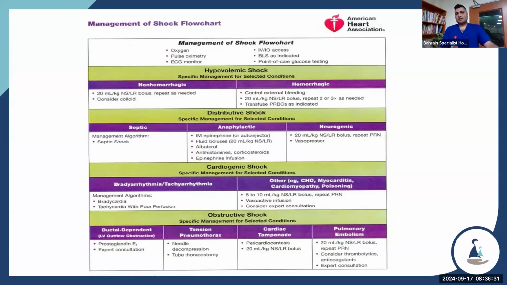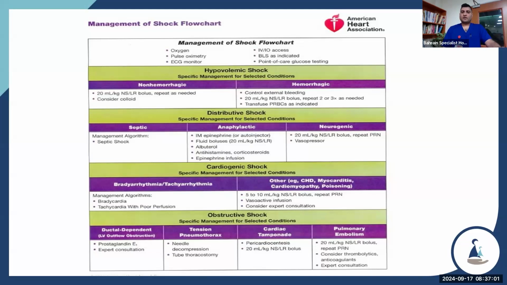Hemorrhagic: control external bleeding, 20 ml per kg normal saline, transfuse PRBCs if indicated. In case of distributive shock, for septic shock, management of septic shock is there. Anaphylactic: IM epinephrine or auto-injector if present, fluid boluses, albuterol, antihistamine, corticosteroid, epinephrine infusion in case of severe anaphylactic shock.